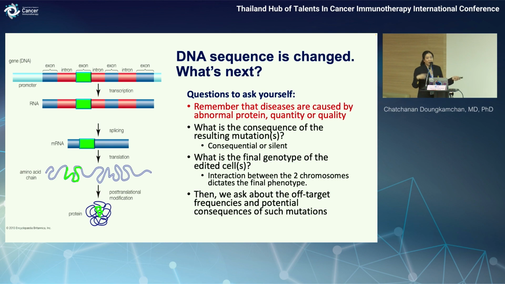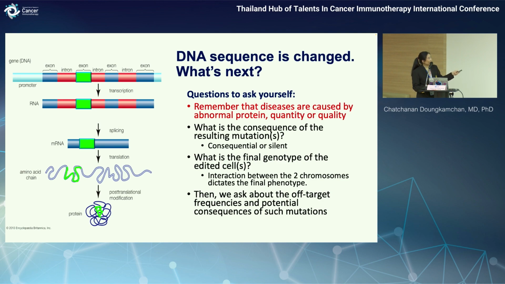So now after we're done with the gene editing with CRISPR, this is what I usually do. First of all, I have to remember that diseases are actually caused by abnormal protein, whether in quantity or quality.